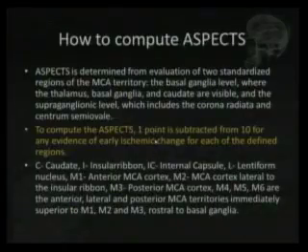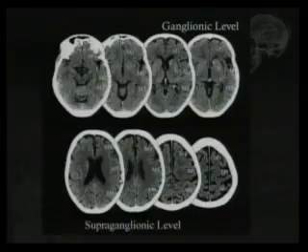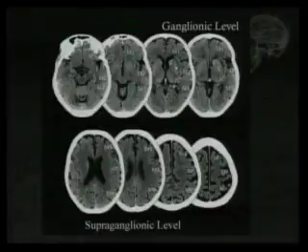So we're going to start with 10 points, and we're going to subtract a point from each region that shows changes. And these are the 10 regions that we're going to look for. They're better to be seen here on a CAT scan. So this is your non-contrast CAT scan.